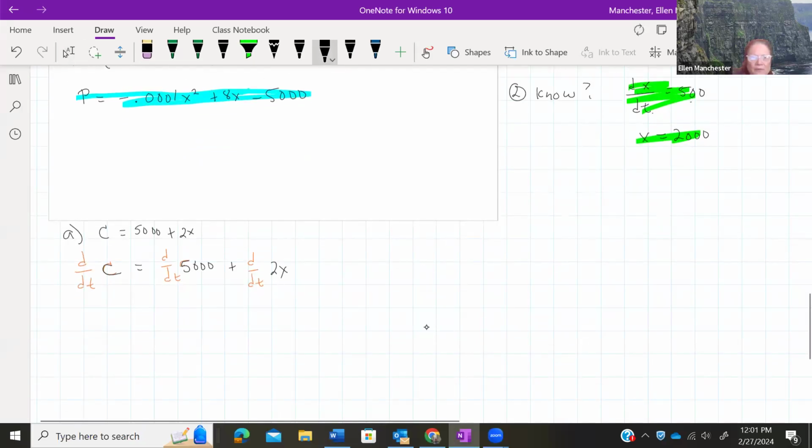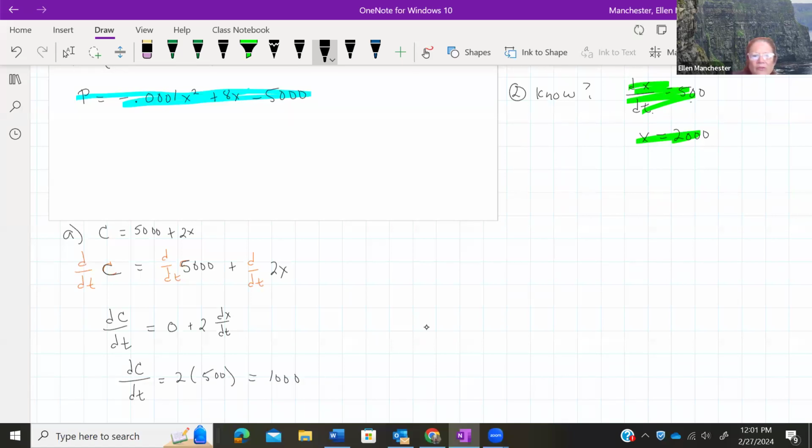Okay, so here we go. Derivative of C in terms of time. There you go, there's your dC/dt. That's what we're looking for. The derivative of 5,000 is just 0. The derivative of 2x in terms of time is 2 dx/dt, because we peeled the 2 off and what's left is the dx/dt. So our cost is 2 times dx/dt, which was 500.